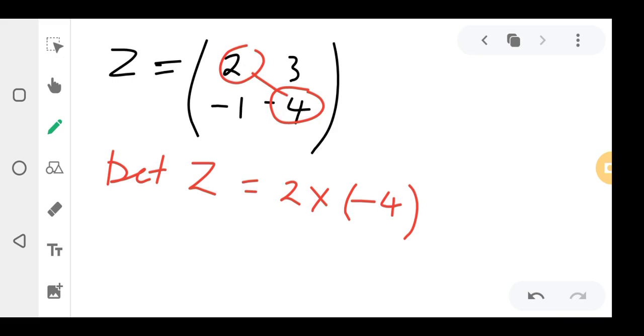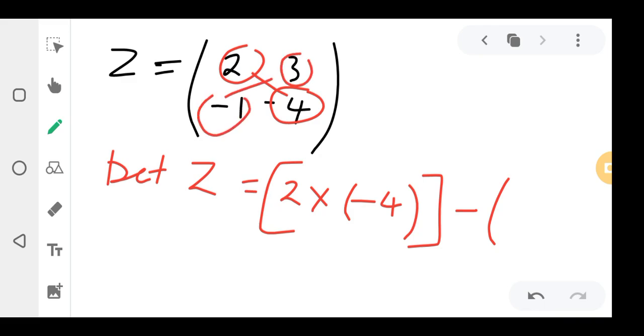Minus, open bracket, that 3 here is multiplying with the negative 1. So 3 times negative 1. Because there is times and negative, you put brackets here also. And then here you put square brackets.